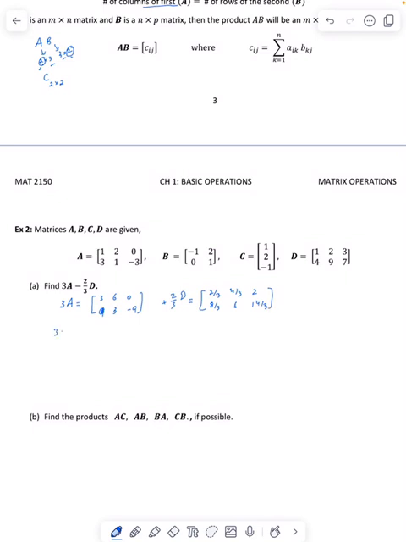So 3A minus 2/3 D will give me, note, the same order as A and D. So I have 3 minus 2/3, 6 minus 4/3, 0 minus 2/3, 9 minus 8/3, and then 3 minus 6, and then negative 9 minus 14/3. Now we just find these values and we get our answer.